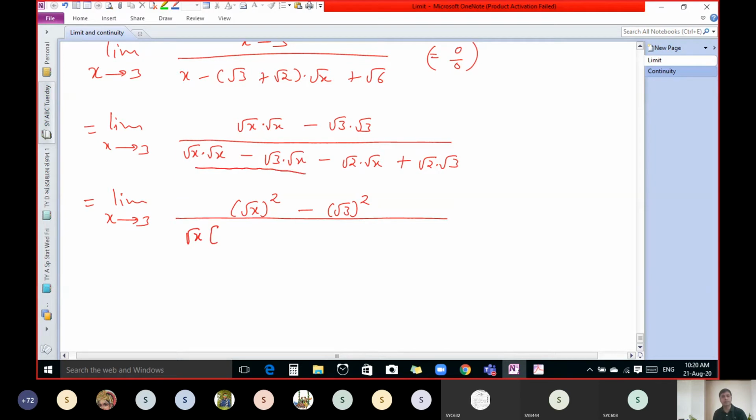If we take root x common, what do we get? Root x minus root 3. We get root x minus root 3, minus, from this we know that root 2 can be taken common. So if we take root 2 common, once again we get root x, and because we take minus root 2 common, the sign will change. Please ask your doubt in this step if you have any.